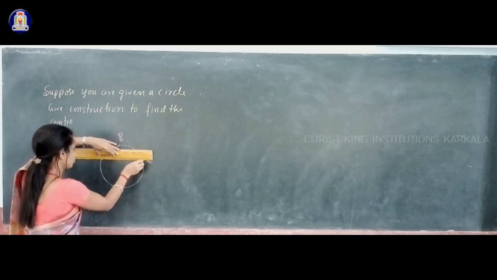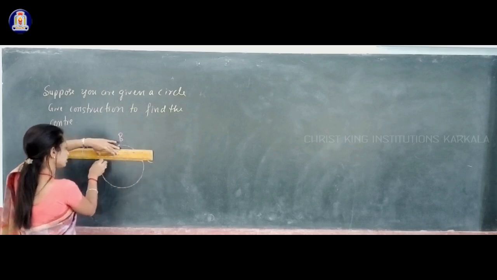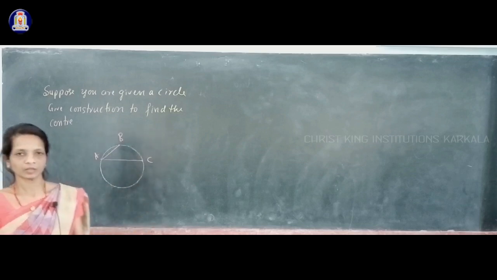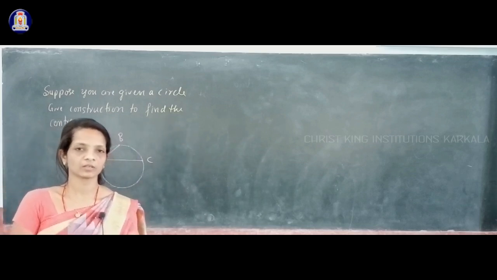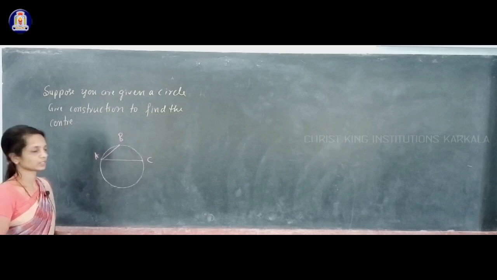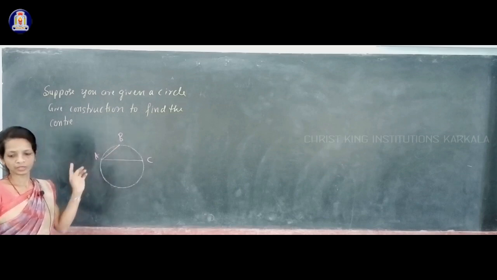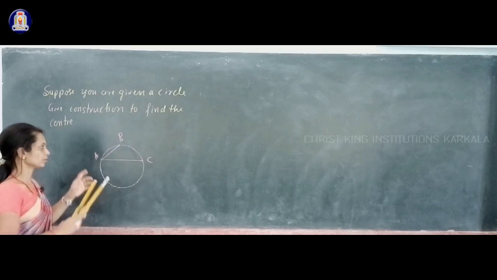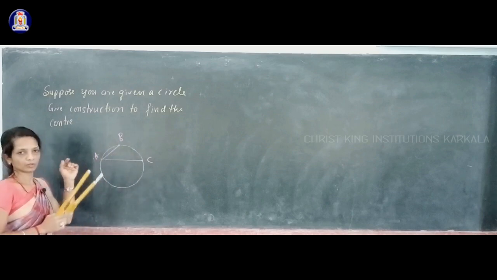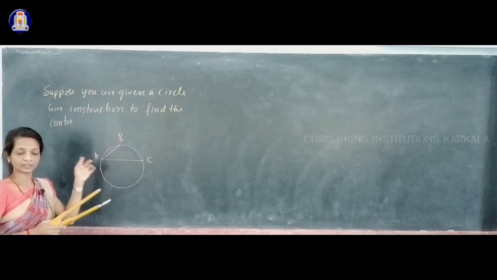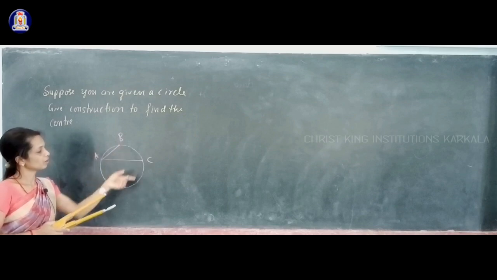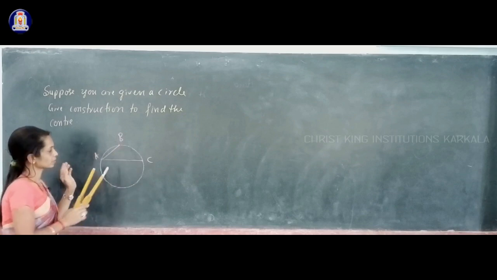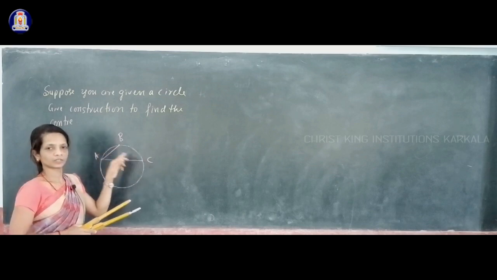What we did in that case is we drew a circle passing through 3 non-collinear points. Same thing you have to do here also. But here the non-collinear points are not given; you can take 3 non-collinear points, but they must be on this circle. So I have taken 3 points A, B and C.